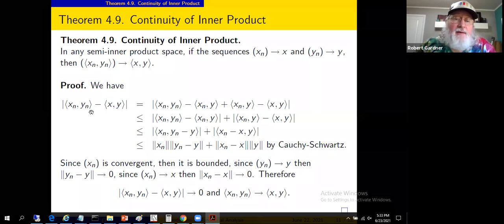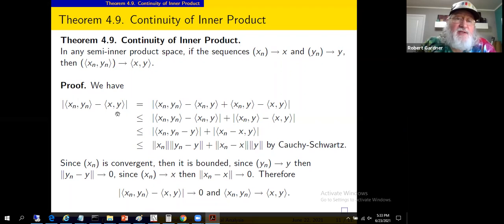And if you can do that, then we have this approaching 0, and that's the very definition of the first sequence elements approaching the fixed second term. The x sub n, y sub n inner products approach the inner product of x and y. So let me talk you into it. There are some details that certainly could be pasted in, but we've done lots of this.